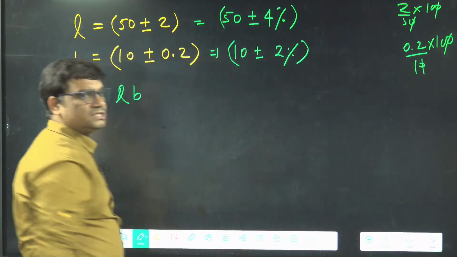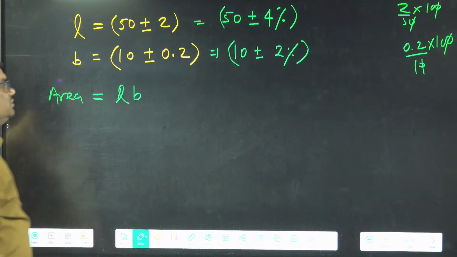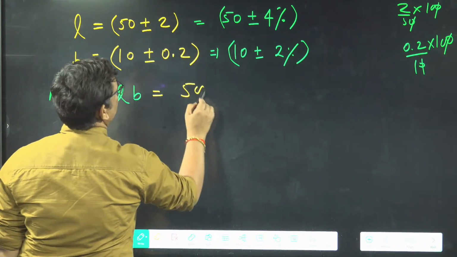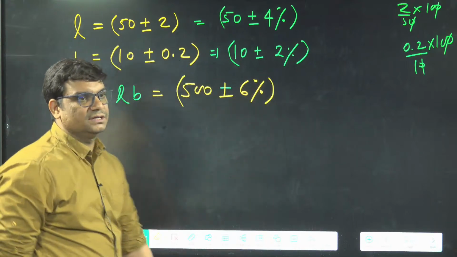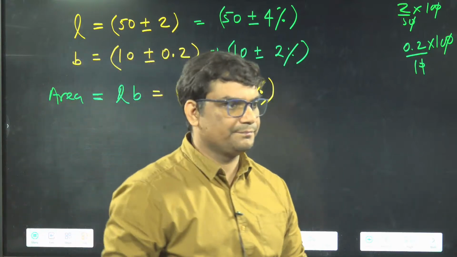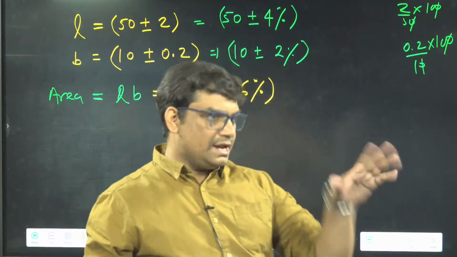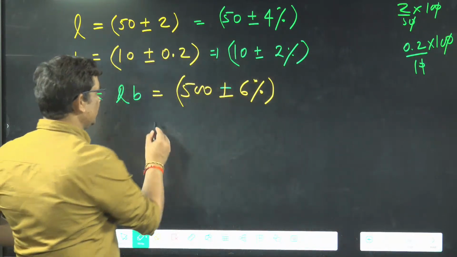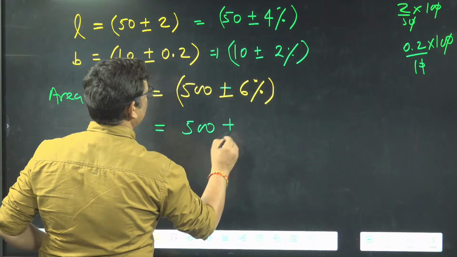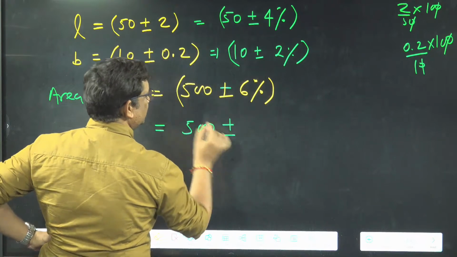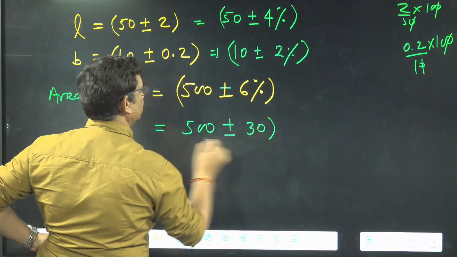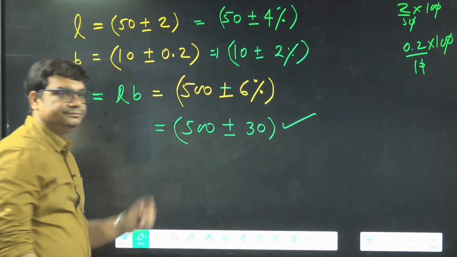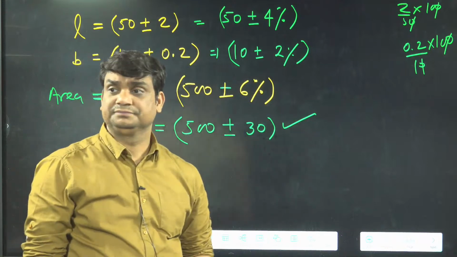But after doing this, you get the answer easily, because you can say, sir, this will be 500 plus minus 6%. And if you want this value also in terms of absolute, then 6% of 500 will be how much? 30. Yes, clear?